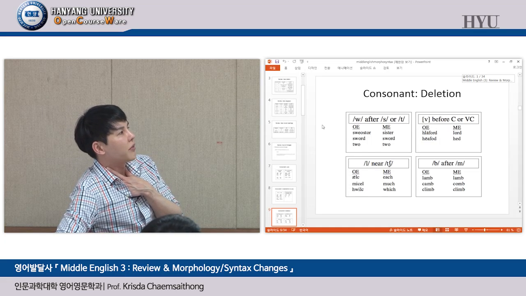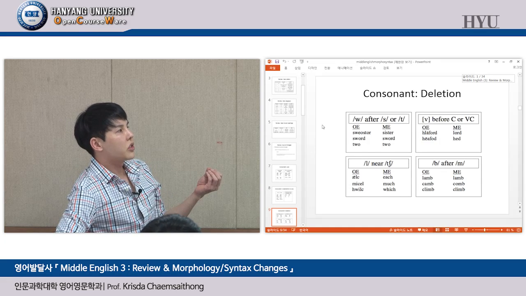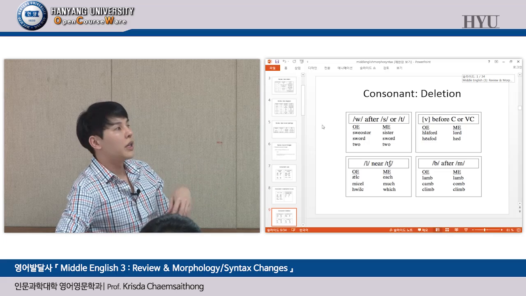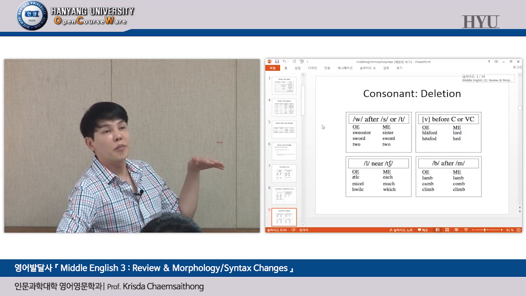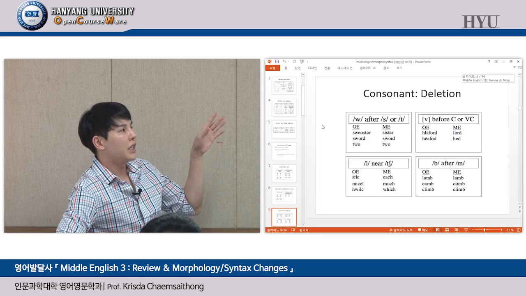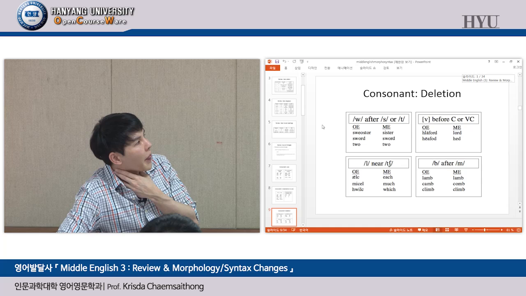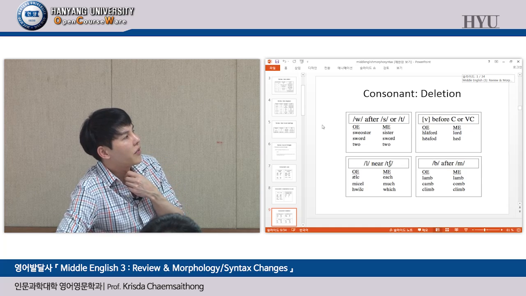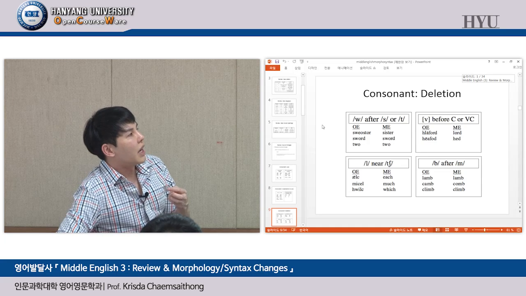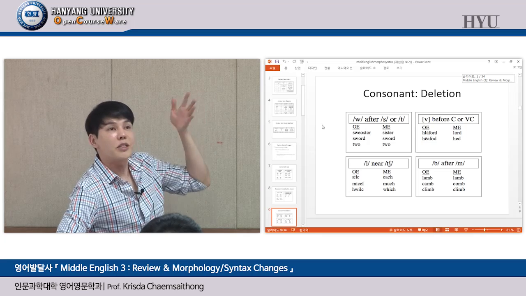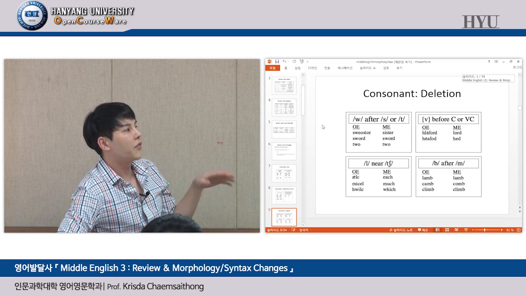And deletion of W after S or T, like swuster to sister, sword to sword, toward to toward. The spelling doesn't matter, right? Meaning that in spelling, W might still be there, but the sound is already out. And then V before C, so hlāfweard, so this should be a V, right? Because it's flanked by two voiced sounds, or hæfde, right?